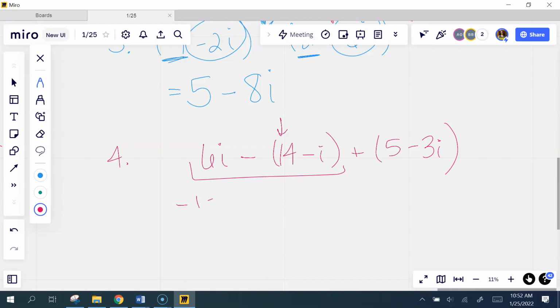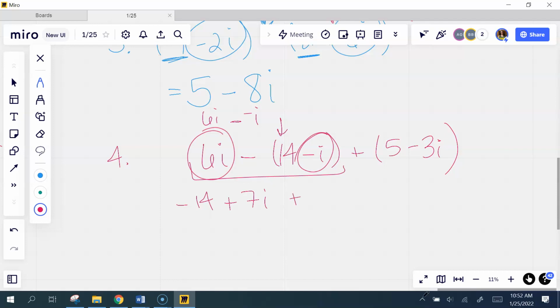So I got negative 14. And how about the imaginary parts? What do you think you get? What is it? 7i. Positive 7i. Because I do 6i minus negative i. Is everybody good on that?